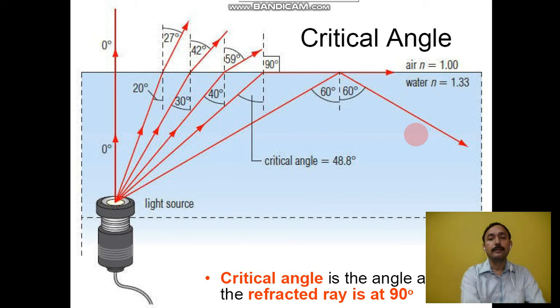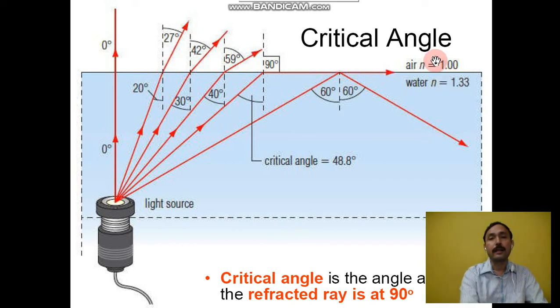Critical angle is the angle at which the refracted ray is at 90 degree. Now, more than the critical angle, suppose this is water, this is air. This light will not be refracted, it will be reflected from the interface.